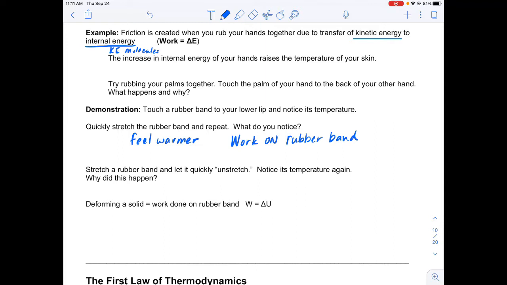So that work turns into an increase in internal energy of the molecules of the rubber band. And an increase in internal energy is a fancy way of saying the temperature goes up.